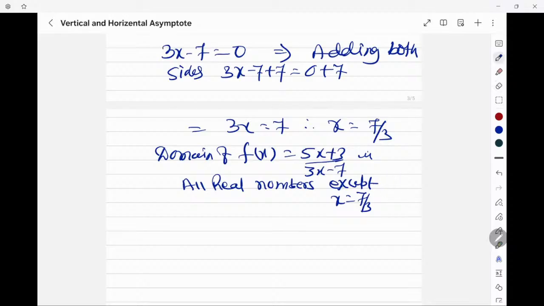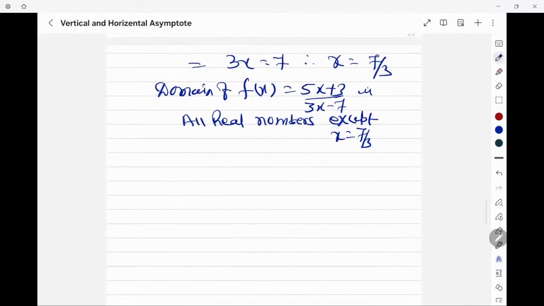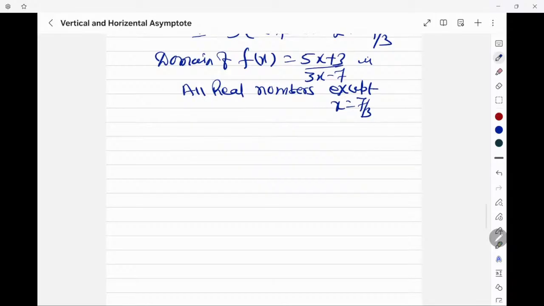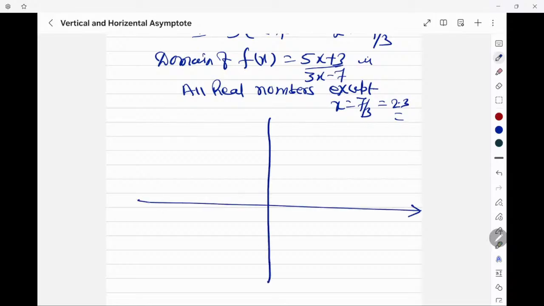This is the graph. Now, how can we plot this type of graph? So we have to draw the graph. Here it is -1, -2, -3, 1 and 2. Here is 3.